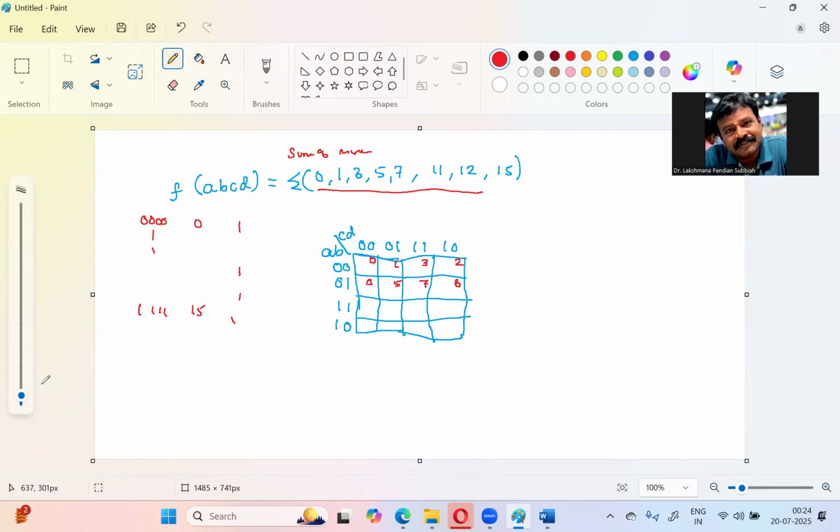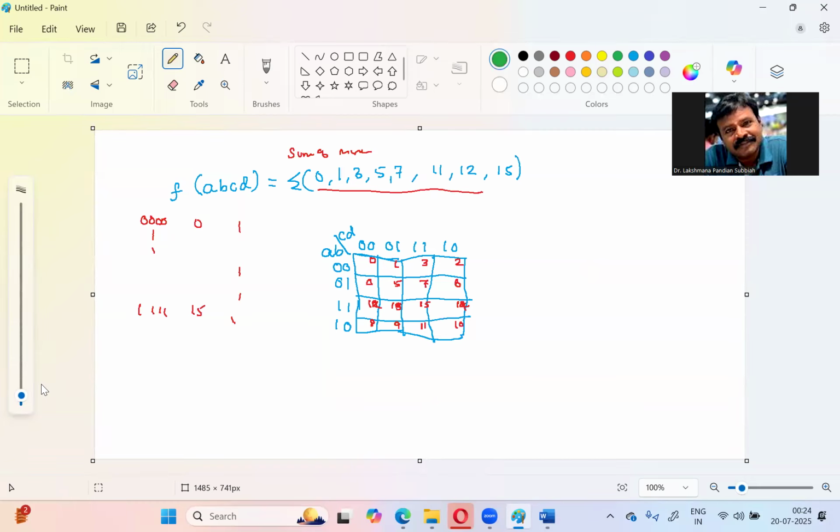In that way you leave one row, then the next numbers are 8, 9, 10, this is 11, 12, 13, 14, and this one is 15.